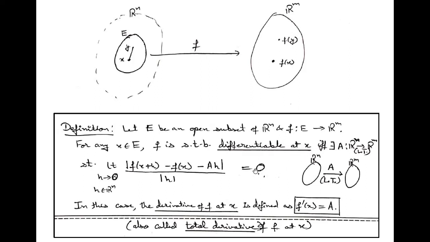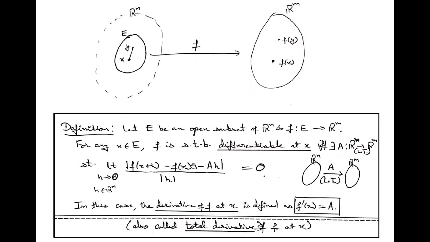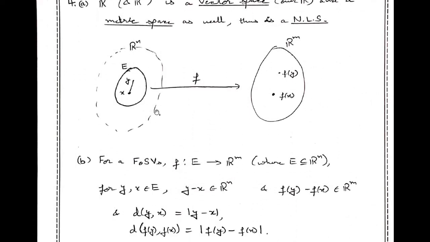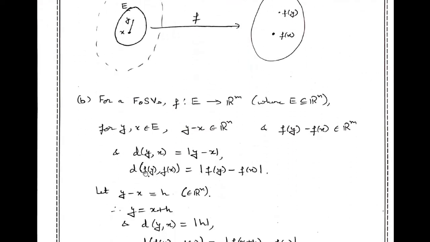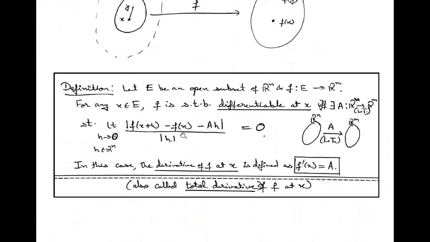It's a vague looking definition, but it has similarity to what I discussed in my previous slide, when we discussed the distance between f(y) and f(x) and the distance between y and x. Here it is norm of f(x + h) minus f(x), over norm of h in the denominator, a similar concept.